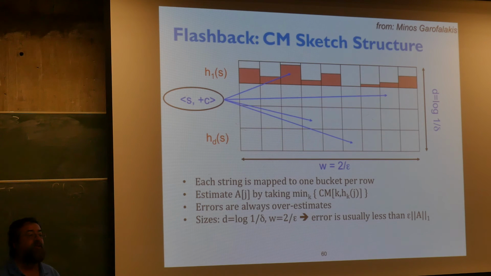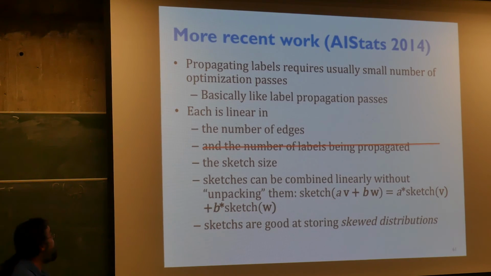That means in the label propagation algorithm, you can replace all the steps where you're doing label propagation with computing weighted sums of these sketches. It turns out that algorithm is pretty efficient. Now you have something which is linear in the number of edges, but not the number of labels being propagated, just the sketch size, okay?